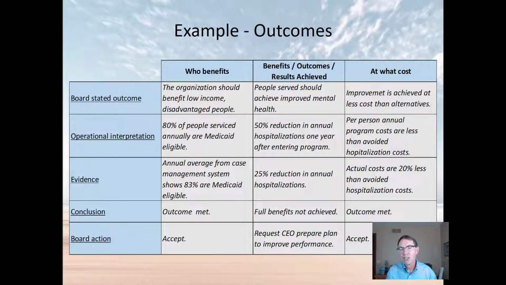I should mention here too a couple of concepts on interpretation. One of the principles is that the interpretation is any reasonable interpretation. So the CEO is given, I think, pretty wide latitude within the broad board-stated outcomes to come up with an operational interpretation.